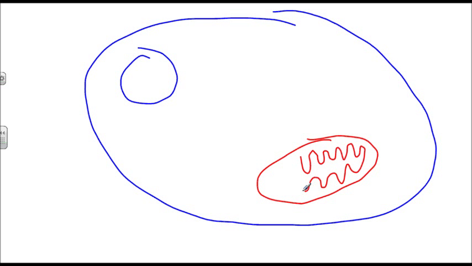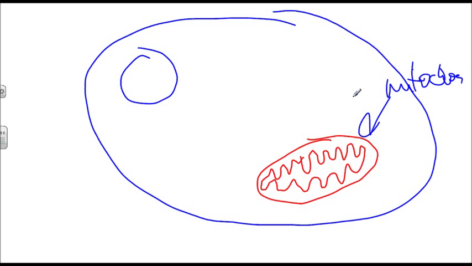So this is our mitochondria. It looks kind of like a face with one eye, but this is a cell, this being the nucleus, and this being the mitochondria.